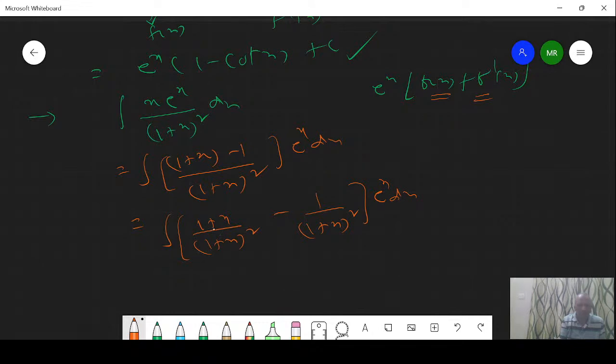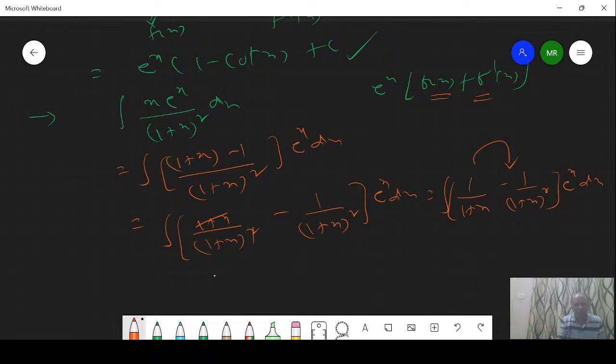You observe here, I can cancel this with one factor of the square. So we have the integral of 1 by 1 plus x minus 1 by 1 plus x whole square into e power x dx. The derivative of this one is this here.